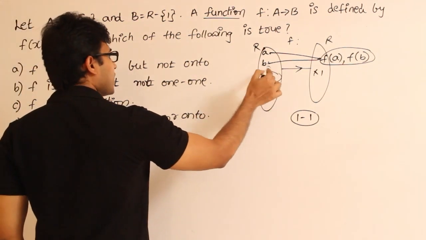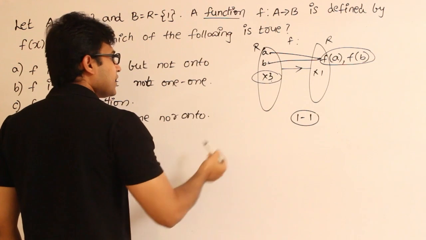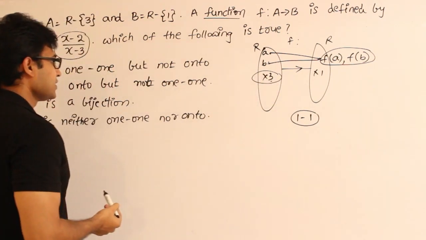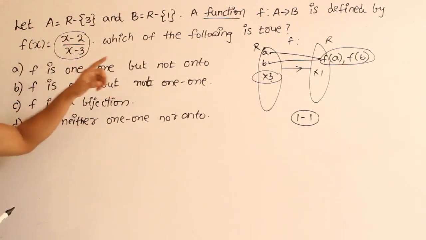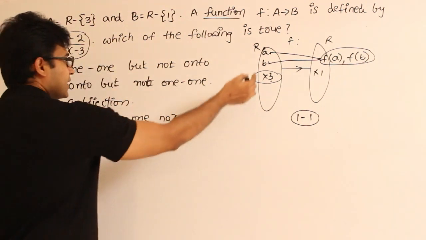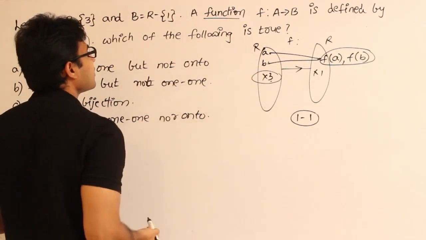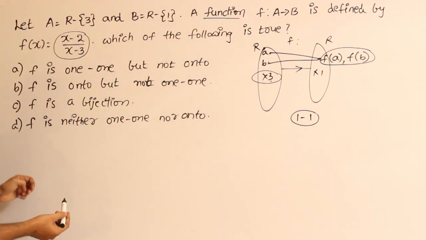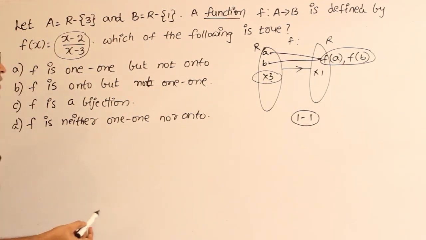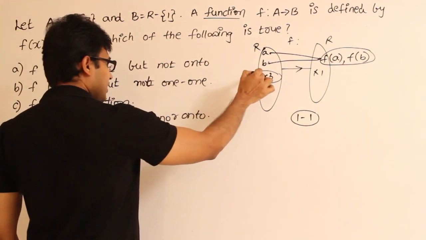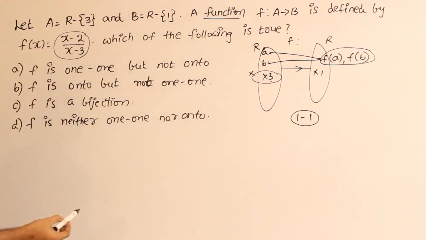If you have value 3 in set A, it is not going to be a function, because you try to find the image for 3 and it does not exist, so it will fail to be a function. That is why they have subtracted 3. So we don't have 3 in the real number set, and for the remaining elements we have the images.